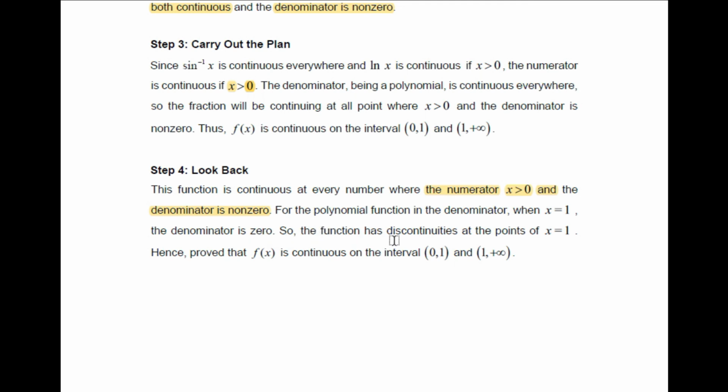So the function has a discontinuity at x equal to 1. Hence, f(x) is continuous on the intervals (0, 1) and (1, ∞). So this is the answer for this part.